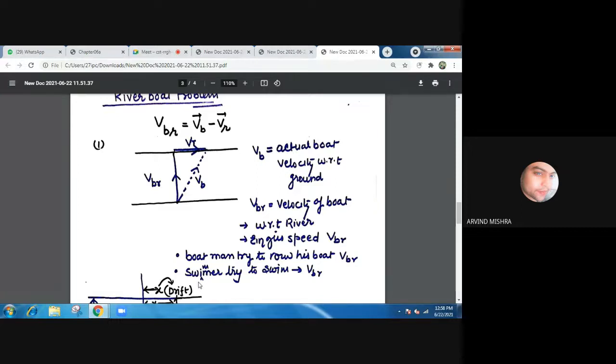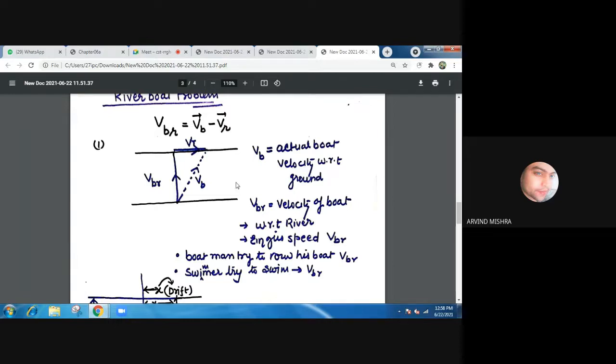Next is a swimmer trying to swim. Remember, a swimmer is just like a boat, so here VBR is given. I am picking these from questions, because many students get confused whether it is given as VB or VBR. So please go through these statements whenever you have confusion about allotting the velocity, whether it is VBR or VB.